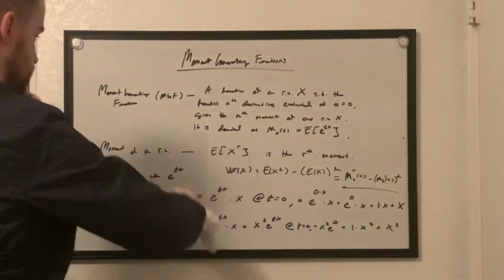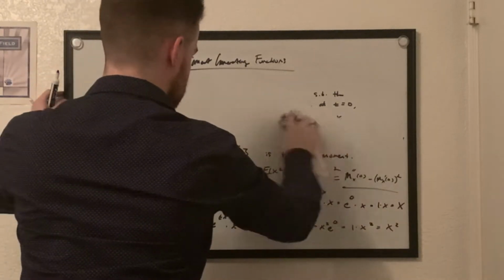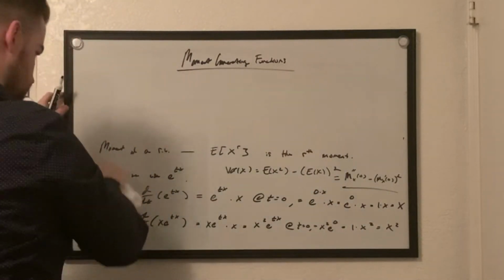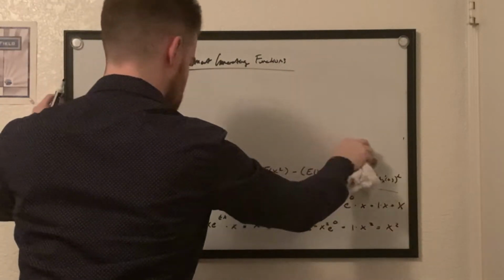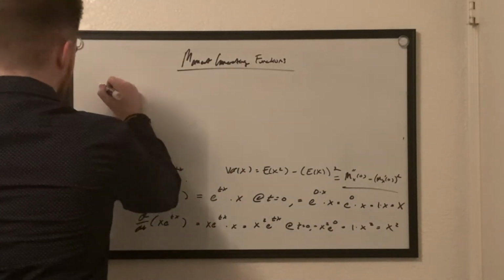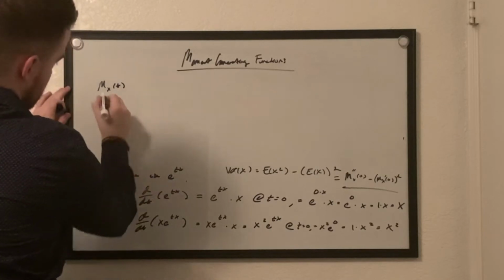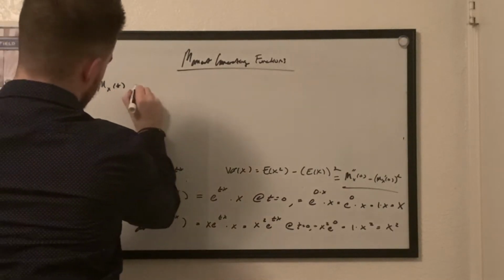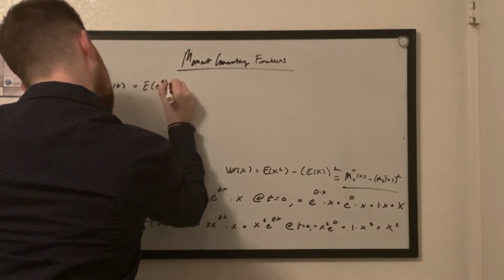So I'm going to get rid of this, and maybe this as well. And so, as I wrote, for a random variable x, the moment generating function of our random variable x is equal to the expected value of e to the tx.